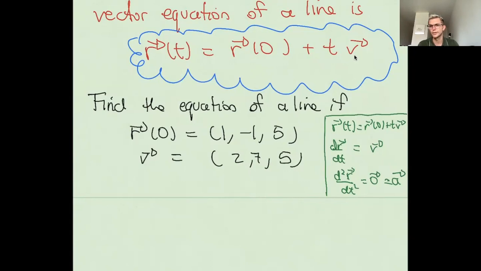The velocity vector has units of, say, miles per hour. And when you multiply this by t, the hours cancel, so you just get units of miles. That's why you can add it with this other vector, which also has units of miles, because that would just be a position.